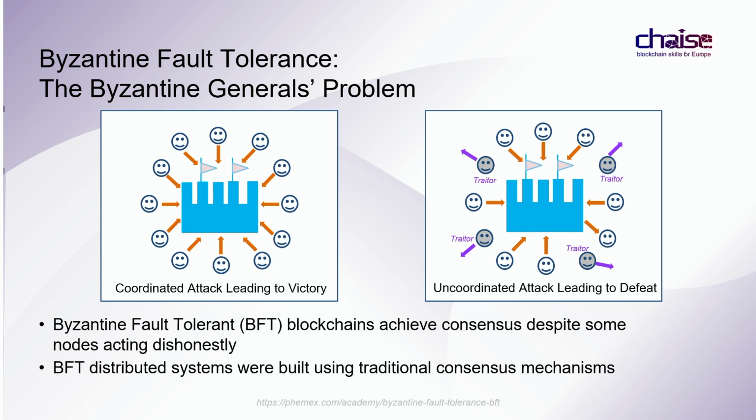Let's assume that the different Byzantine generals command their respective units at different positions outside the city they are about to attack. The generals can communicate with each other through messengers, sending one messenger at a time.